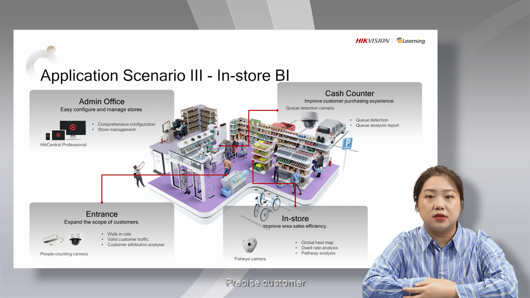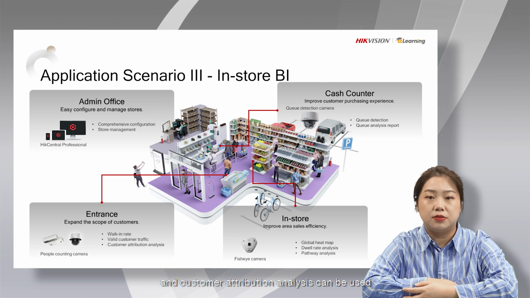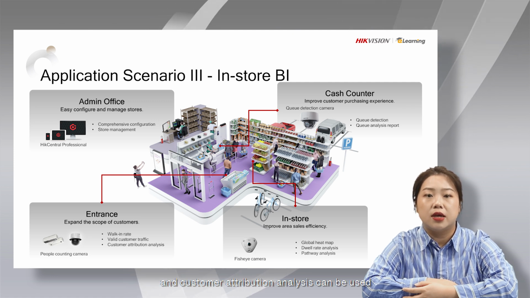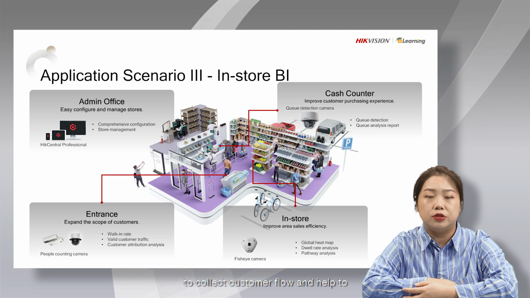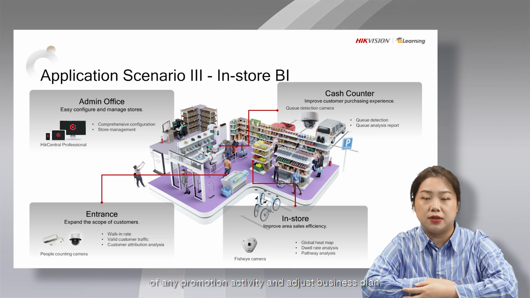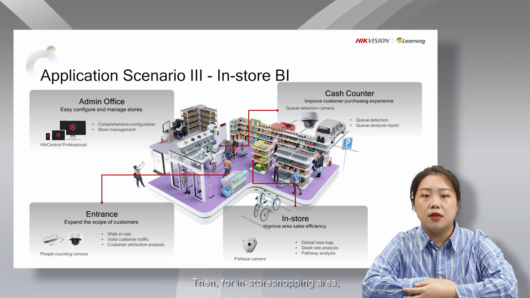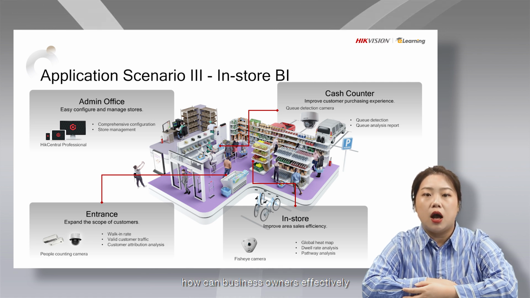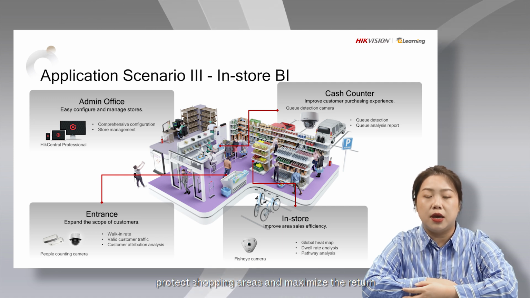The precise customer traffic analysis, including walking rate, valid customer traffic, and customer attribution analysis, can be used by store owners to collect customer flow and help to evaluate the effectiveness of any promotion activity and adjust the business plan.